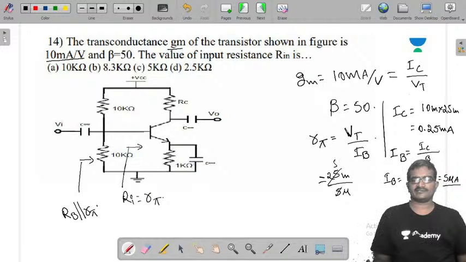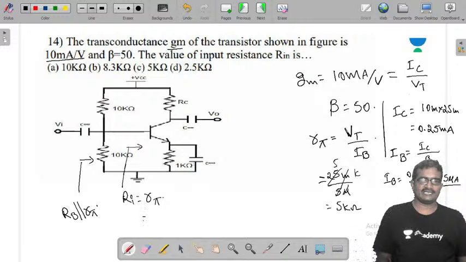It is 5 times, it is K. So 5 kilo ohms. Ri here is 5 kilo ohms. Here RB is 10K parallel with 10K, which is 5K. 5K parallel with 5K, 2.5K.